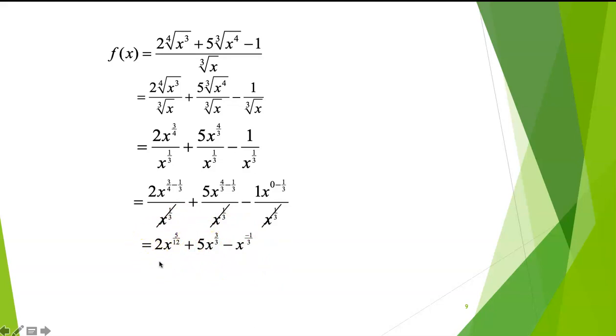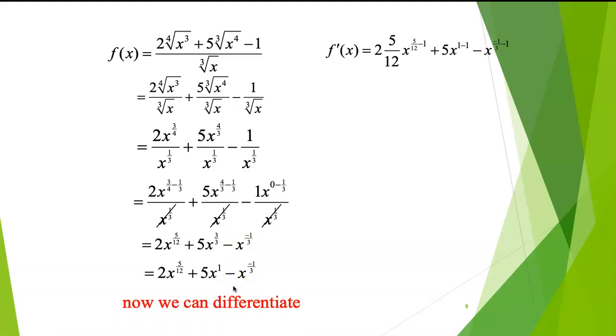So we multiply each term: the coefficient 5 by this power, and then the 1 by that power. So each term separately. So we've differentiated now. Simplify as we can.